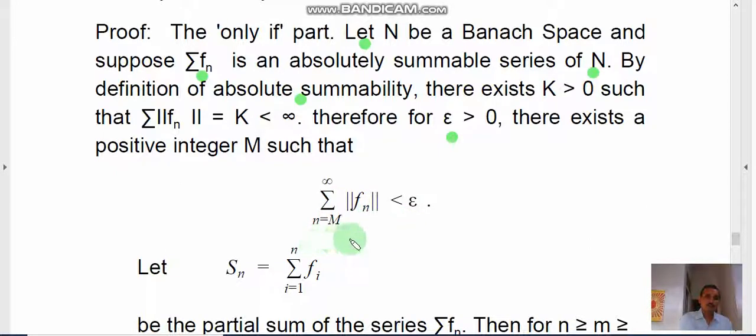We consider here the partial sum Sn. Let Sn equal to summation i equal to 1 to n Fi be the partial sum of the series summation Fn.